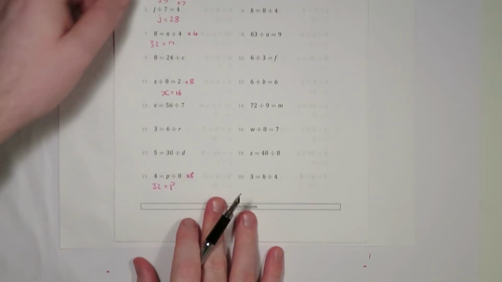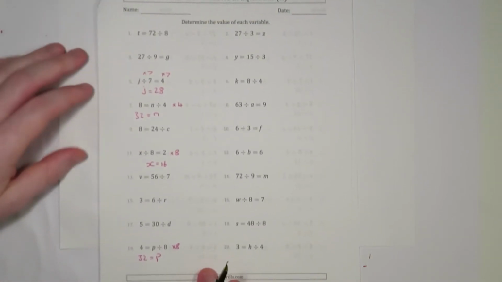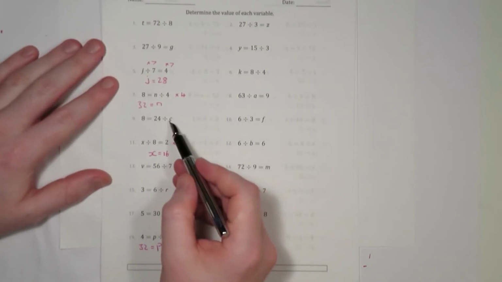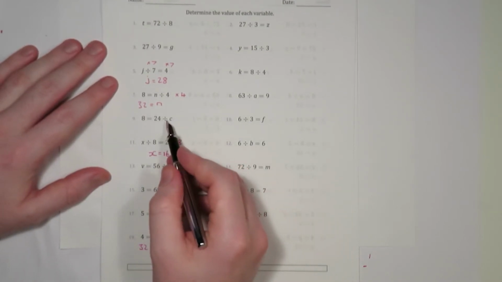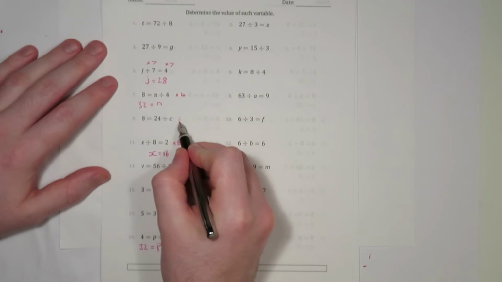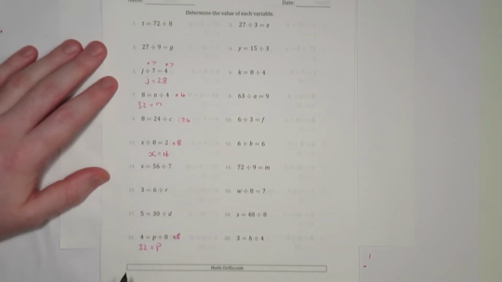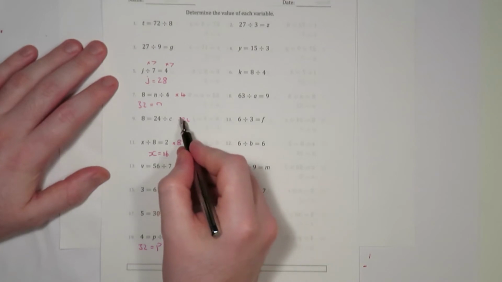Alright, so I've gone through a few examples there. Now, why did I skip this one out? Well, here you can't divide by 24. That's not what you do here.